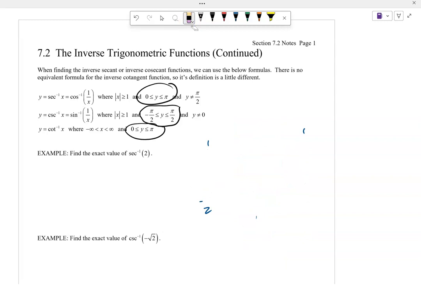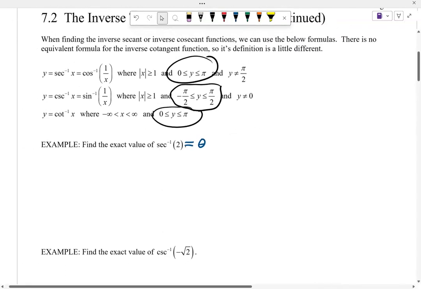Okay, so let's do some problems, similar algebraic problems to last time, except with the inverses of the reciprocal functions. So we'll start out here and we'll take the arc secant of 2, and set it equal to theta. If the arc secant of 2 equals theta, that means the secant of theta equals 2.